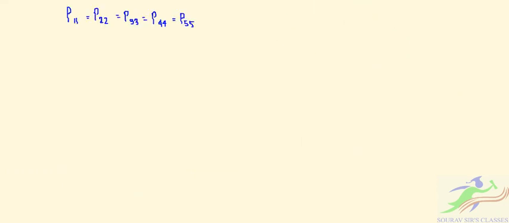From here P12 can be written as P21, and also as P32, because 1 plus 3 is 4 and 2 plus 2 is 4.